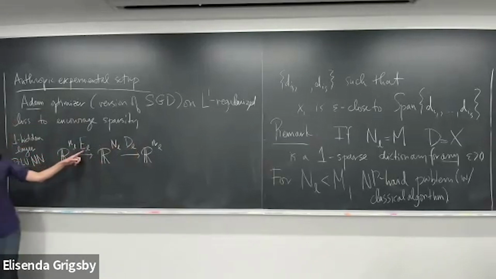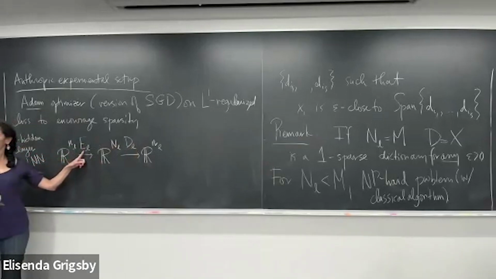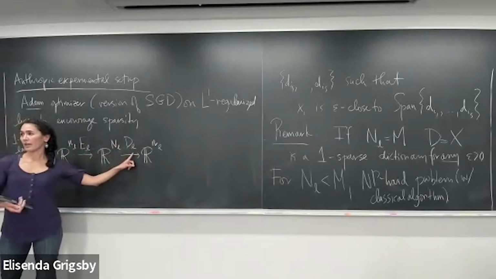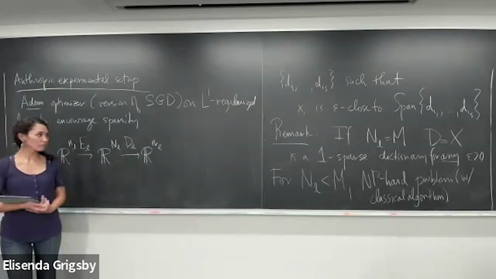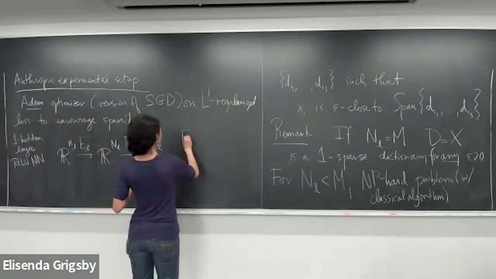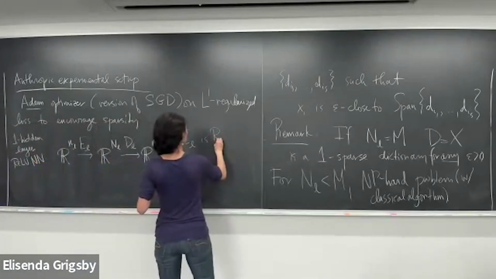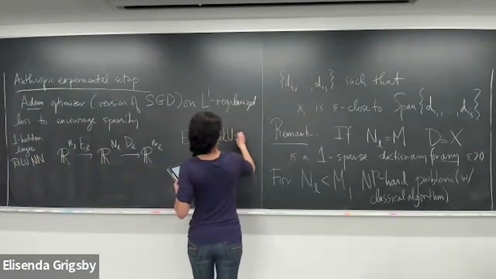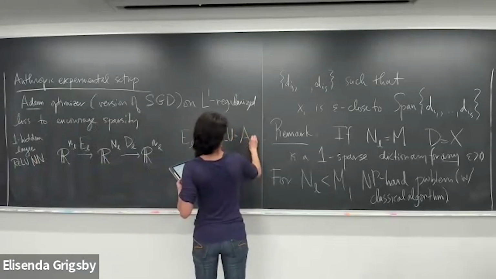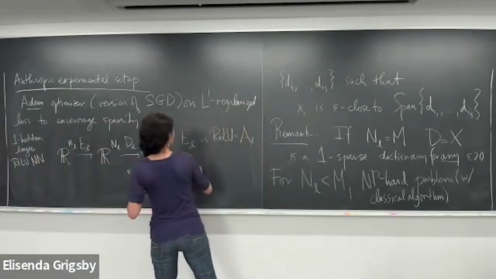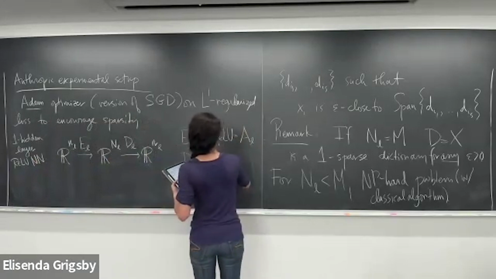So EL is an affine linear map with a component-wise ReLU, and DL is just an affine linear map.